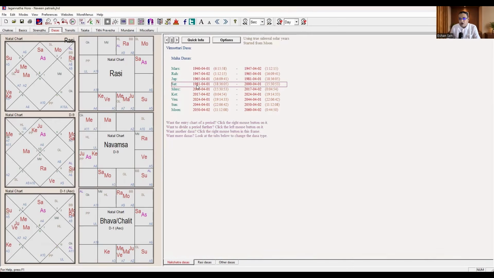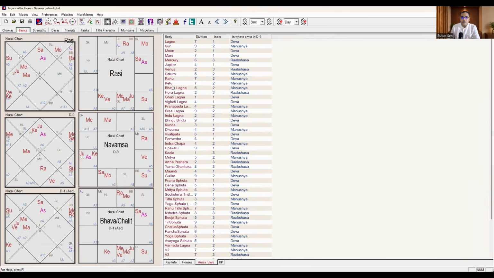When he was in the cabinet ministry, it was in Saturn dasha, and you will find Saturn is in which Amsha? Saturn is in Manushya Amsha. There is a conflict. There is a materialistic gain. And in Mercury, Mercury is a special case after Saturn.